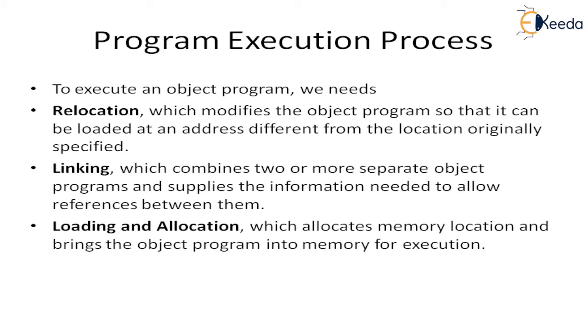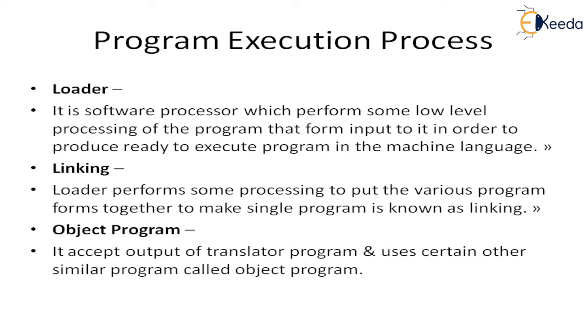The third step is loading and allocation. Under loading, the program is allocated into the main memory, bringing the object program into memory for execution. This is the loading and allocation step. Next is the loader.